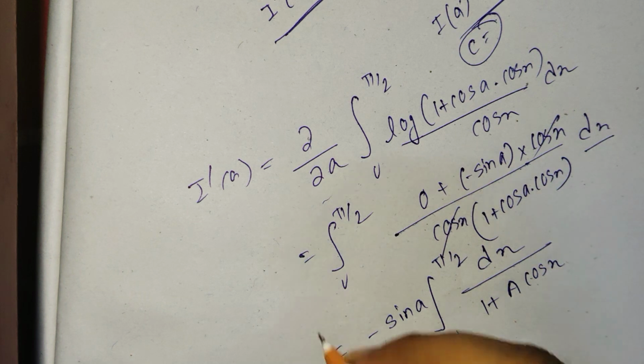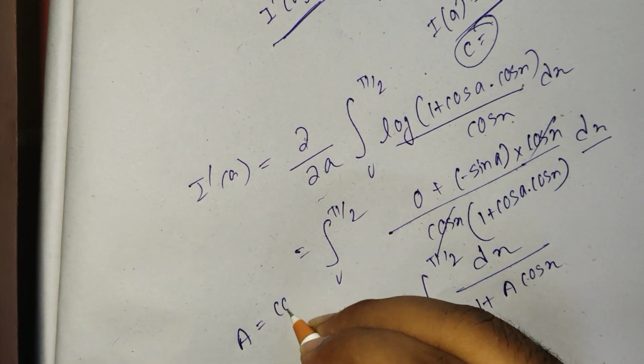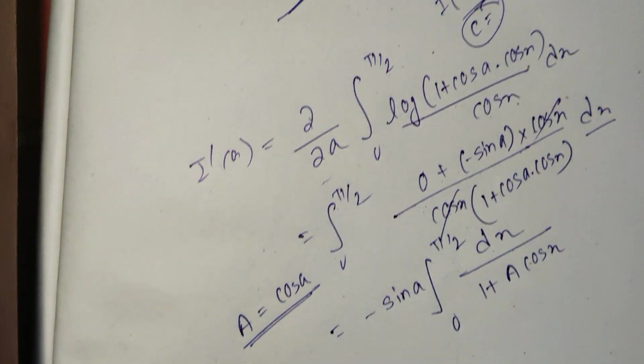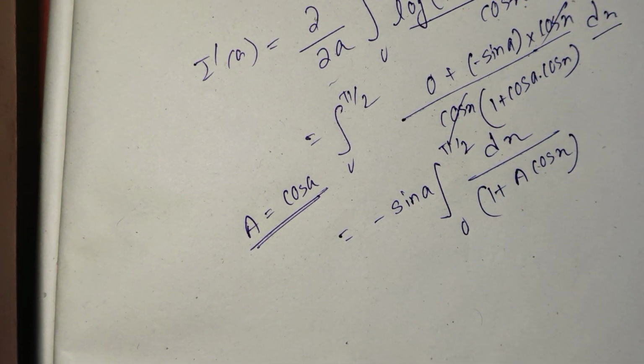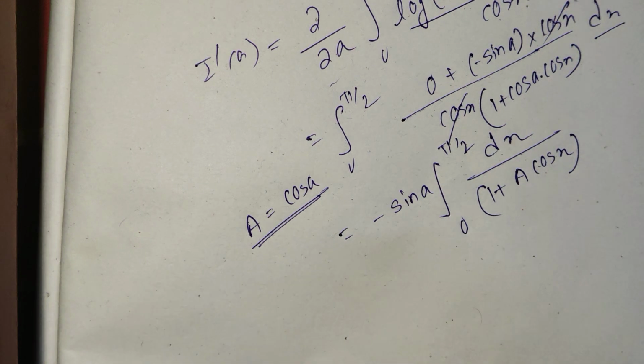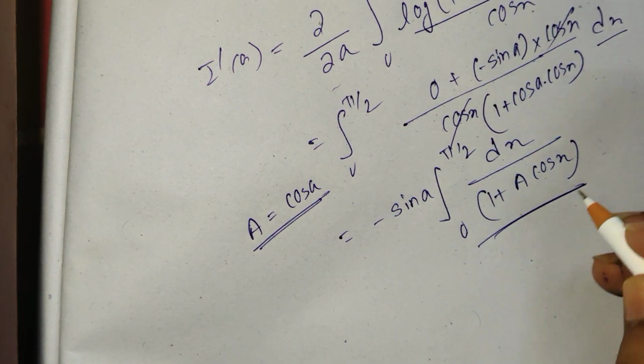Now what is capital A? Capital A is nothing but cos a. In that case, capital A is also a constant. Now solving this integral is a little bit complex. I'm not talking about complex numbers, okay? I'm talking about the complexity. So basically, how can we solve it? You can see we are talking about this integral, not the sin a.